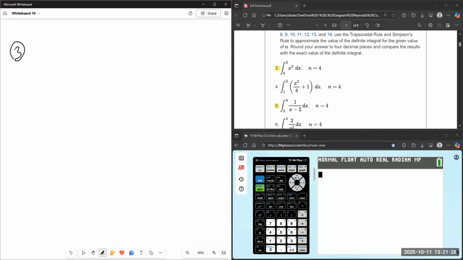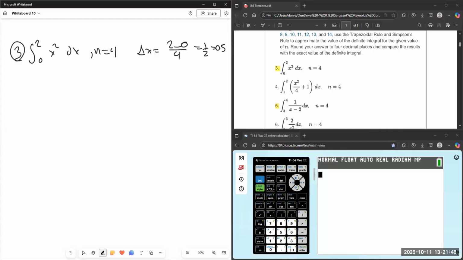All right, number 3. So we're approximating the integral from 0 to 2 of x squared dx, n equals 4. So delta x is equal to (2 minus 0) over 4, which is 1/2, and I'm going to estimate that as 0.5.